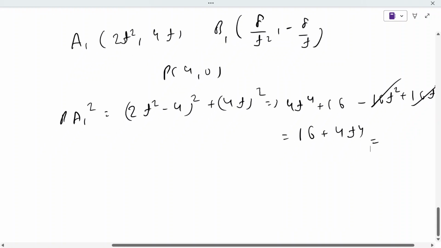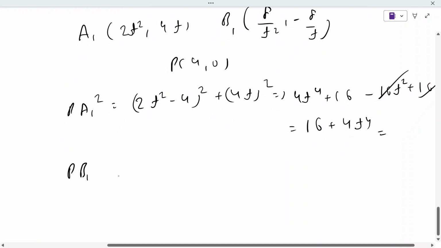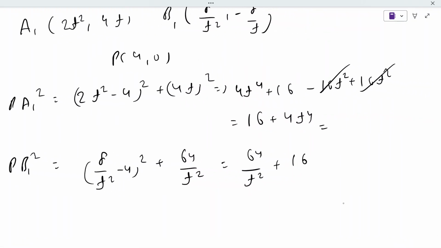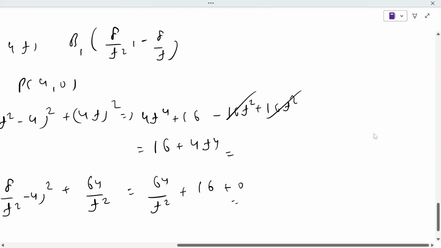Fine. PB1 square will be (8 by t square minus 4) square plus 64 by t square, that is equal to 64 by t to the power 4 plus 16 minus 64 by t square plus 64 by t square, that is 0.